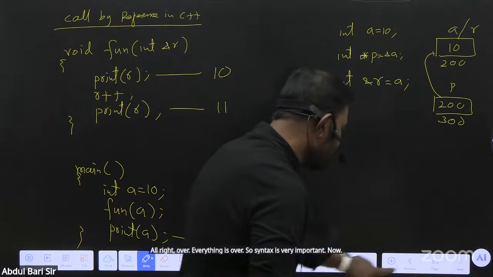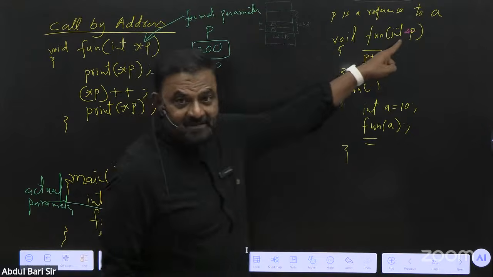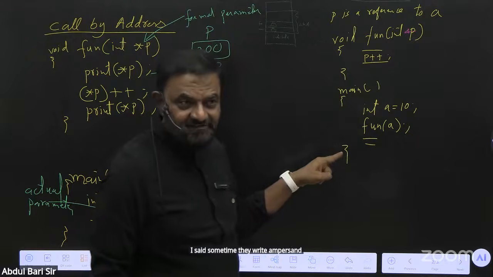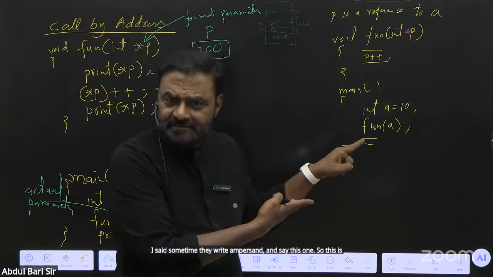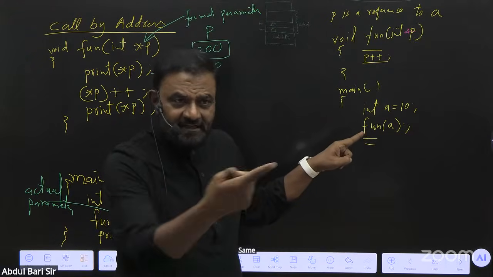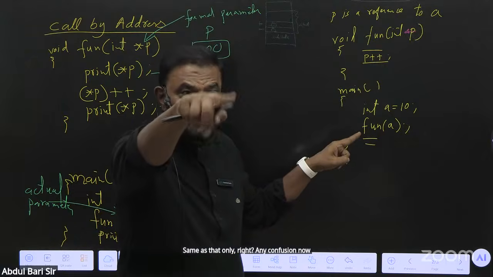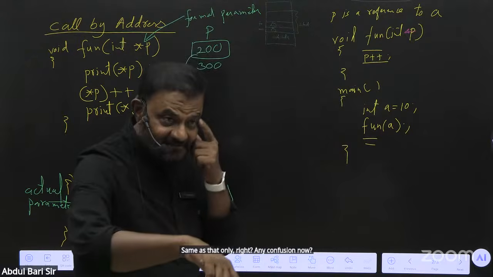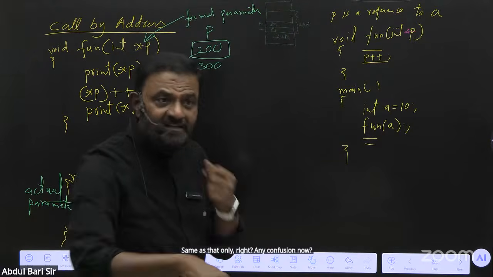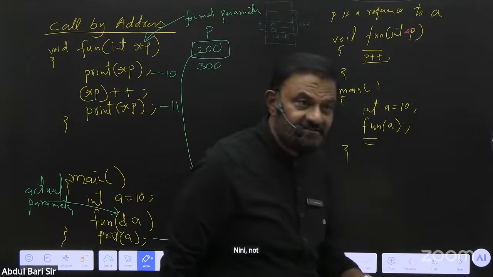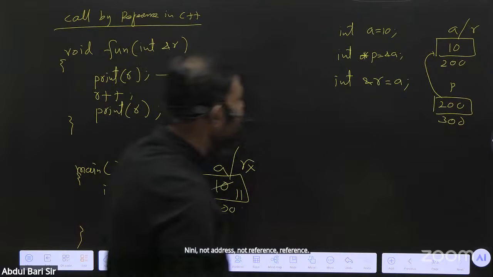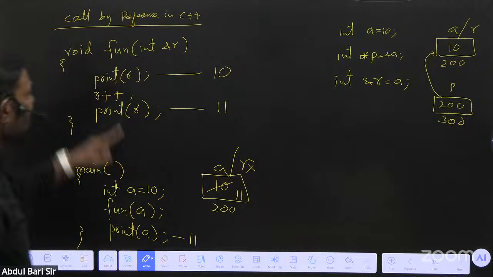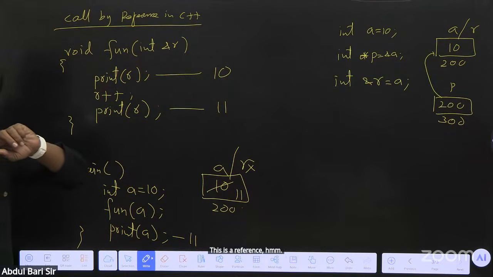Now, if you go back to this one, I said sometimes they write ampersand here. So this is called call by reference of C++ only. Same as that only, right? Any confusion now? No, not address, this is a reference.